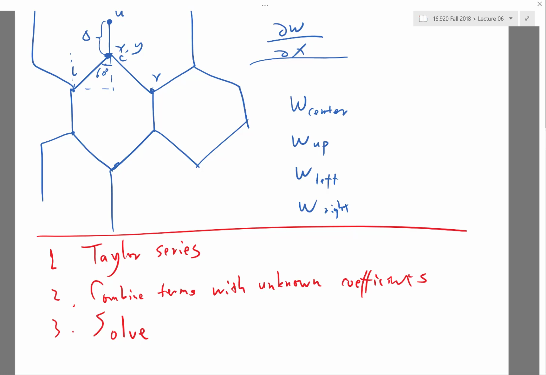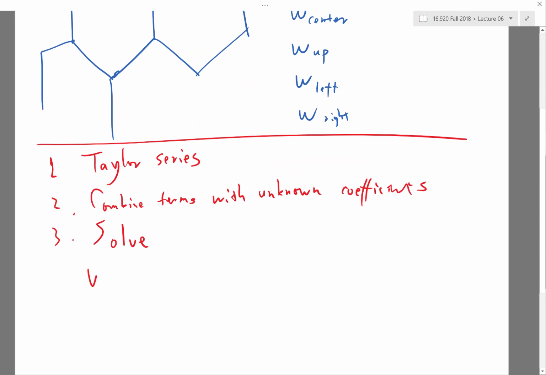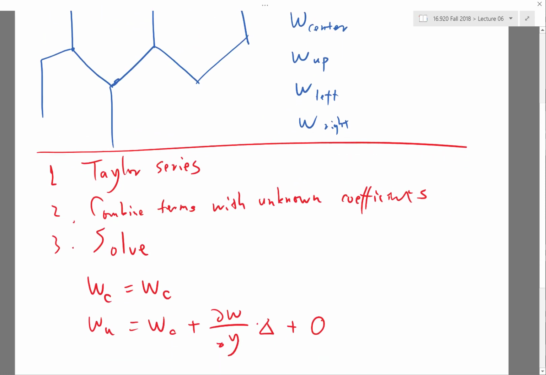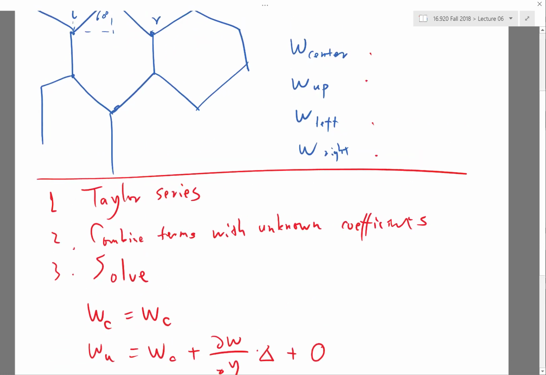For this case, let's see how the Taylor series plays out. WC is just equal to WC, because we expand at the center, which is probably the most convenient. W up is equal to WC plus the derivative in y times delta plus higher terms. Let's figure out how many terms we can cancel here. We have four different coefficients.